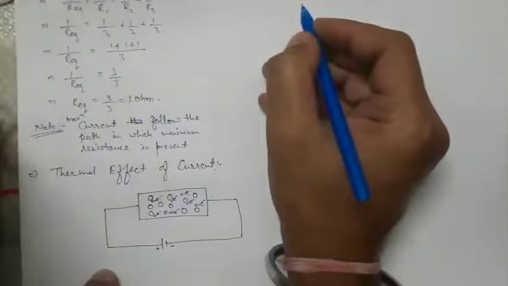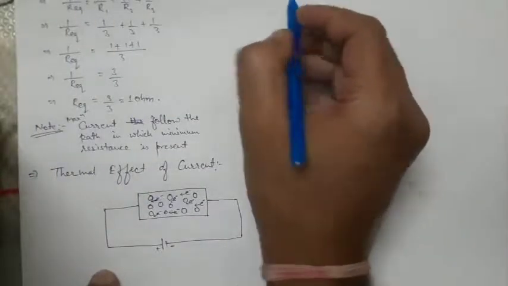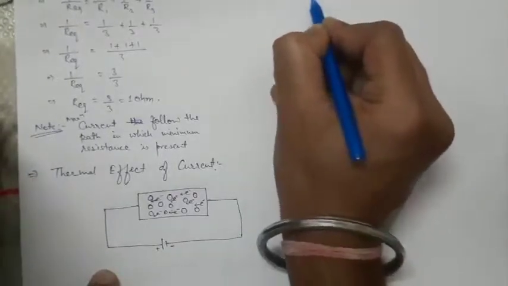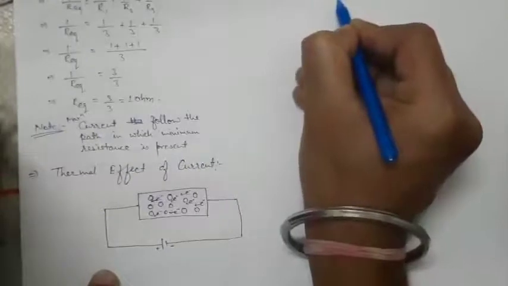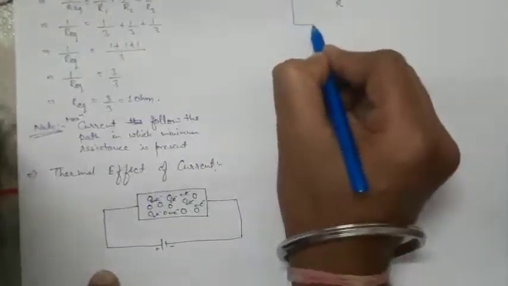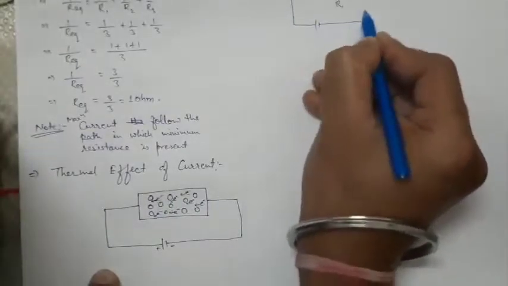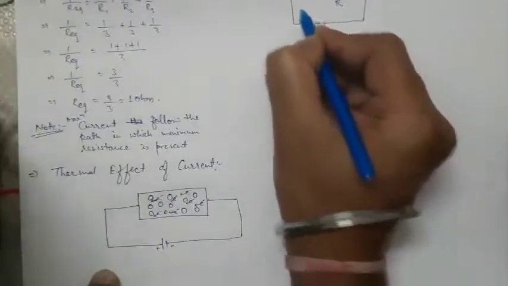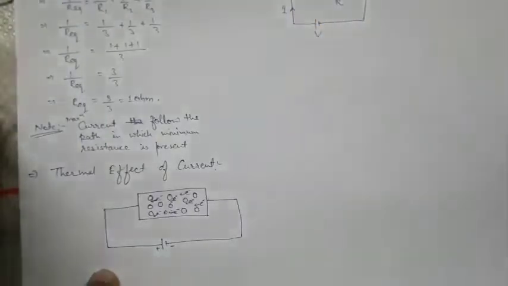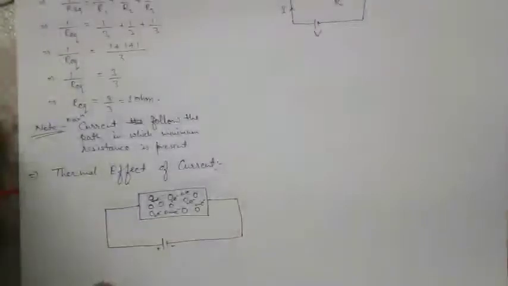To elaborate the formula of thermal heat, we are considering there is a wire of resistance R connected with a battery of voltage V, and current I flows through the circuit. Here the potential difference is V, the current is I.